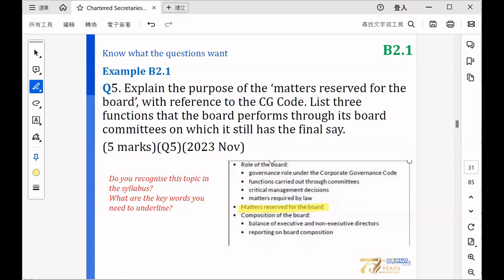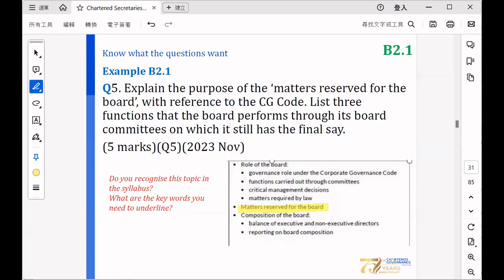But how about explaining the purpose of matters reserved by the board? Remember that here, it is the purpose. They ask you what the purpose is, and you have to give reference to the CG Code. So what is the purpose, and what does the CG Code say? That's why I've told you that learning the CG Code is the basic thing.